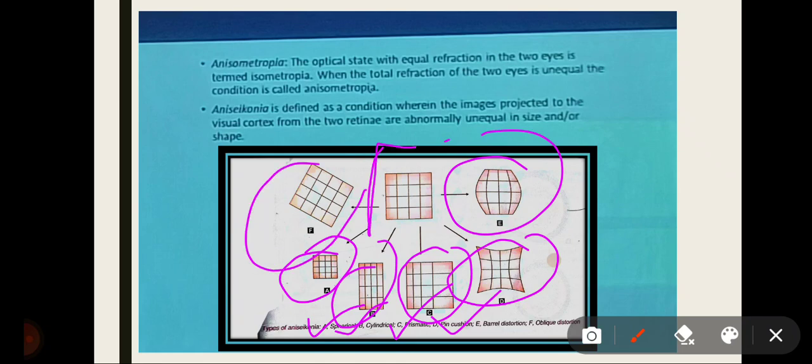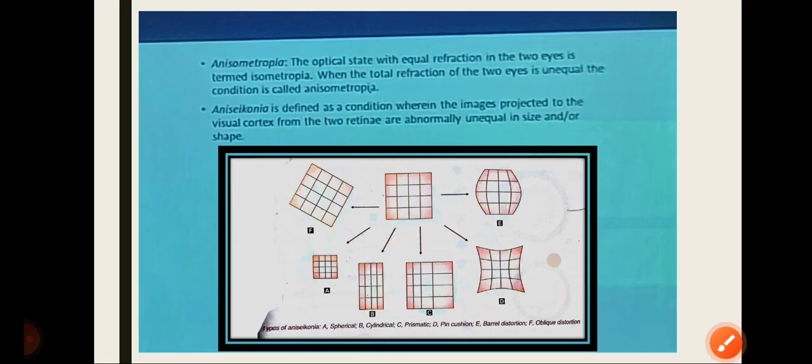If you compare the normal image in one eye and the image in the defective eye, these are the images you will see if you have this problem of aniseikonia.